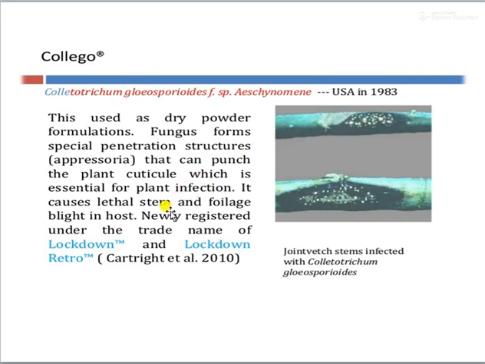It causes lethal stem and foliage blight in the host, newly registered under the trade name Lockdown and Lockdown Retro. This Collego can be used for the control of the joint vetch weed. Here you can see photographs of a joint vetch stem infected with Colletotrichum gloeosporioides with the help of the Collego.